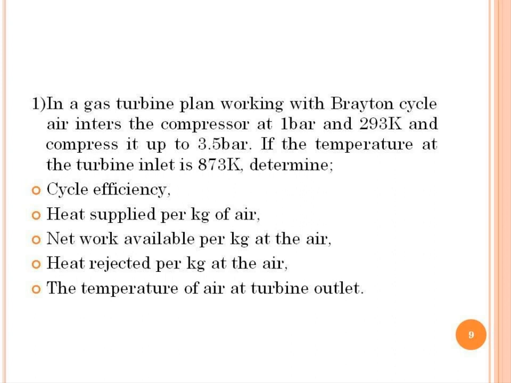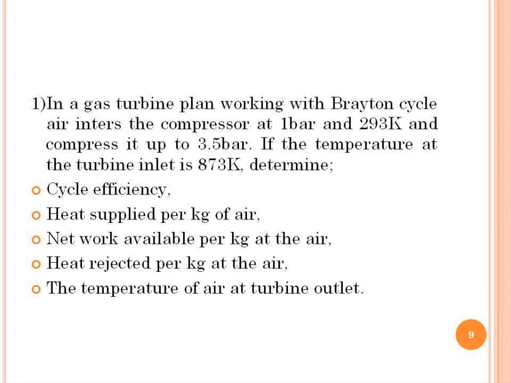If the temperature at the turbine inlet is 873 Kelvin, determine cycle efficiency, heat supplied per kg of air, net work available per kg of air, heat rejected per kg of air, and temperature of air at turbine inlet.